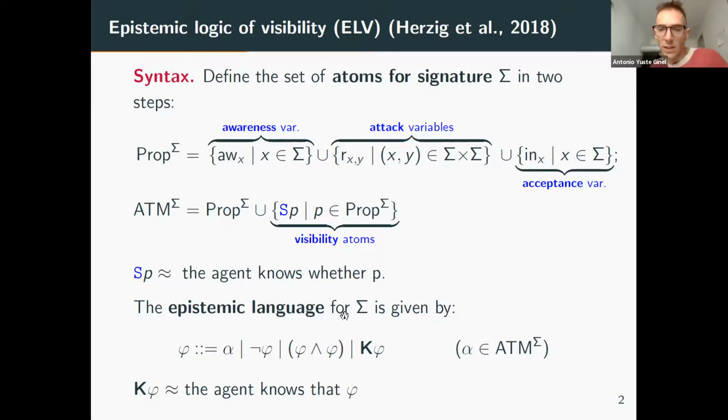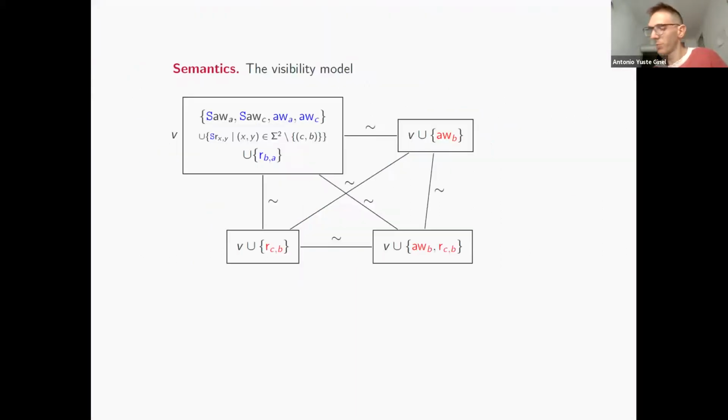Then we define the single agent epistemic language for the signature using the atoms we just defined. But the curious thing is that with the semantics that will be given in a second, we can recursively eliminate the epistemic operator, reducing it to the visibility operator.